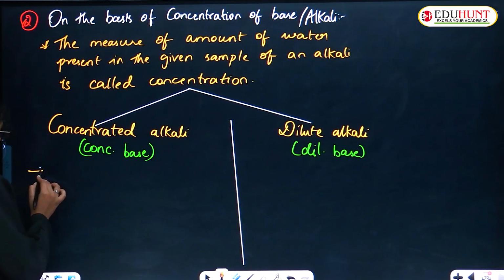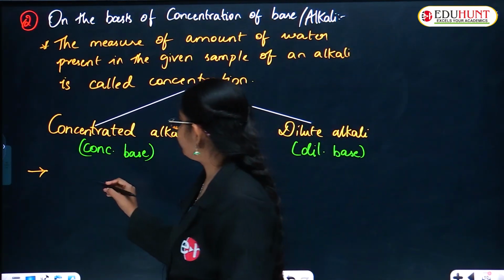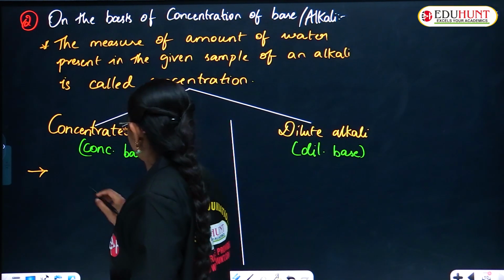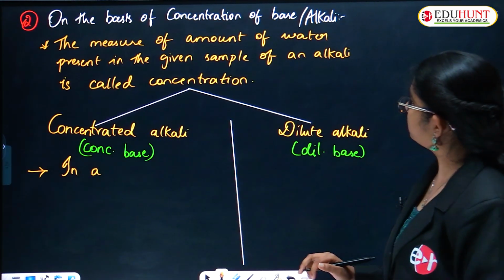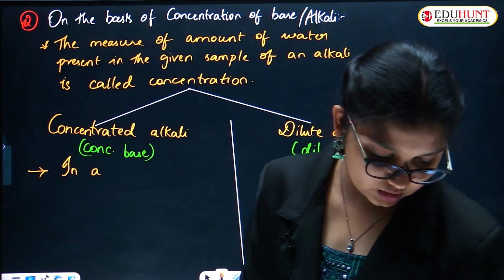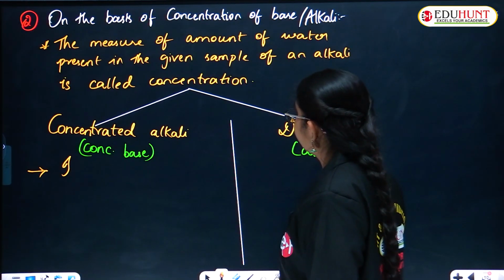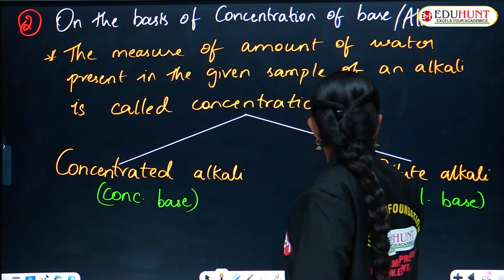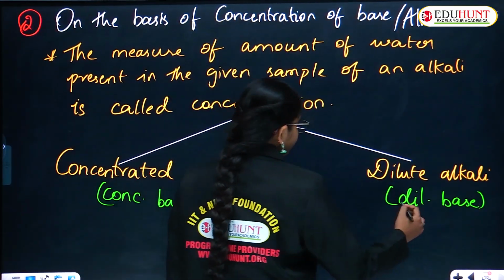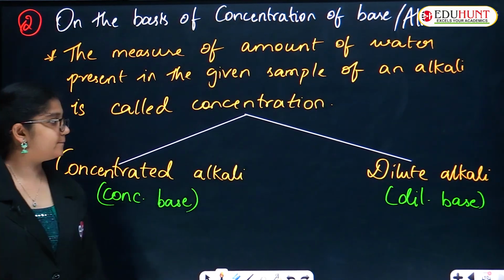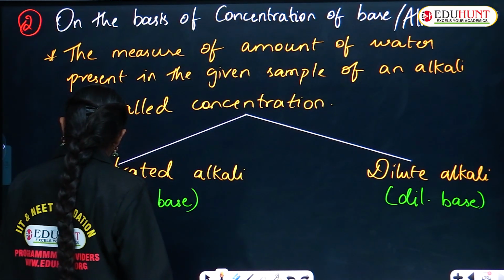Here we go with the definition of what concentrated alkali is called. Concentrated base, conc. dot base, and dilute, dil. dot base.